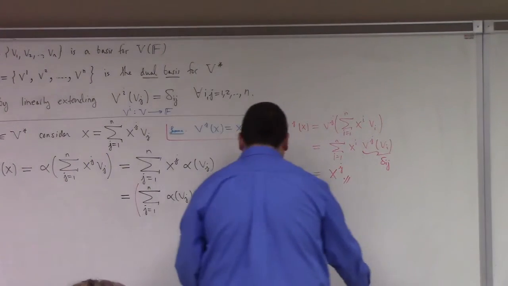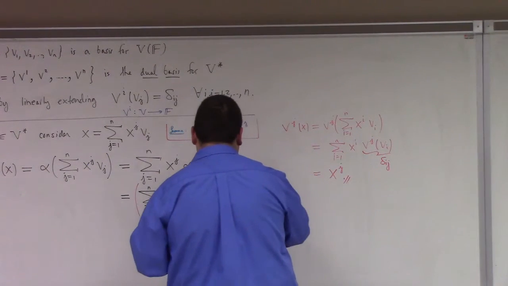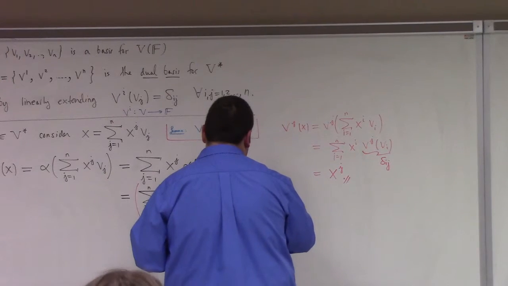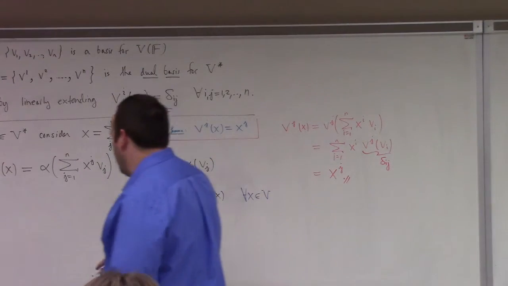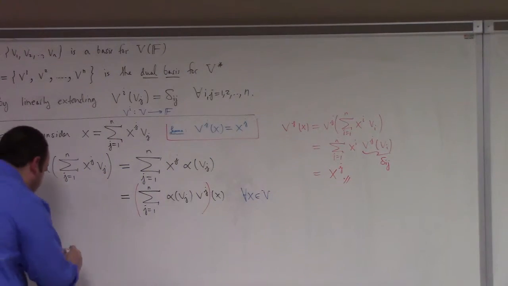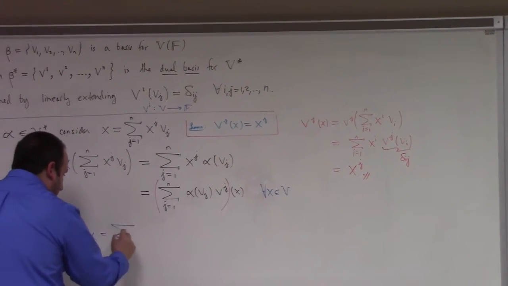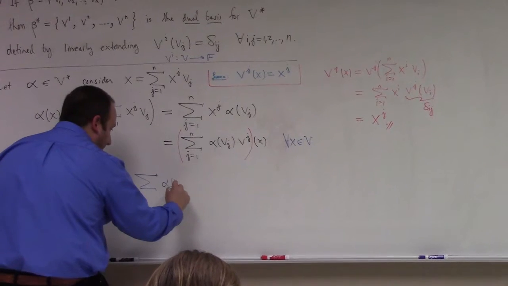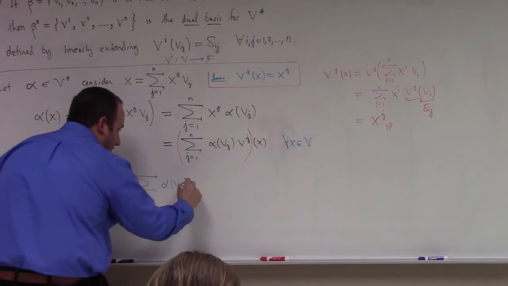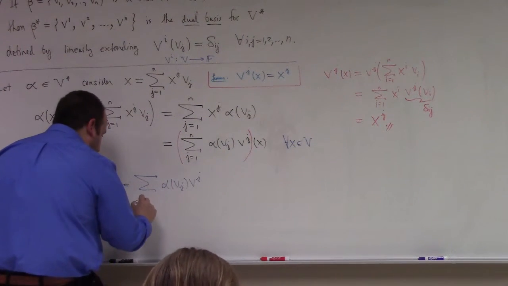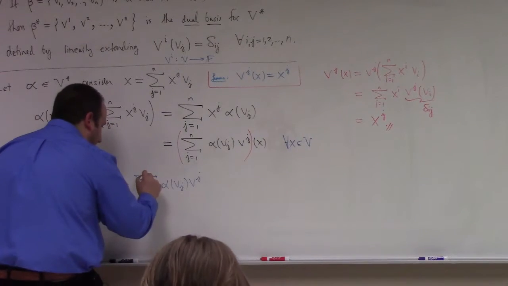If that's true for all x in the vector space, that allows us to extract from this an operator equation, an equation about linear functionals, namely that alpha is the sum of alpha of v_j times v^j, j equals 1 to n. What's that say?